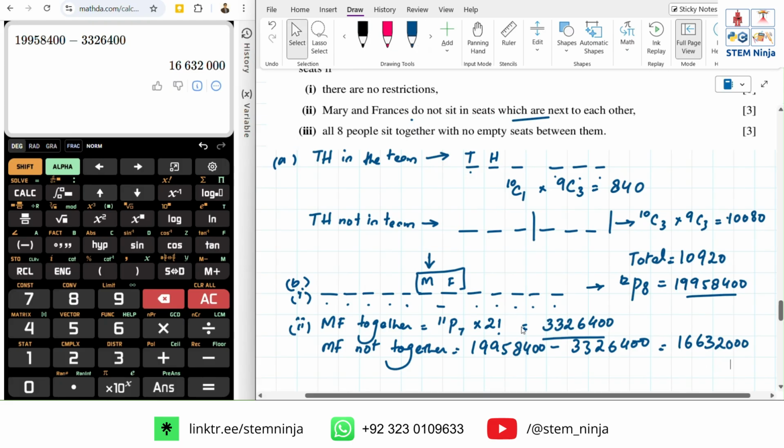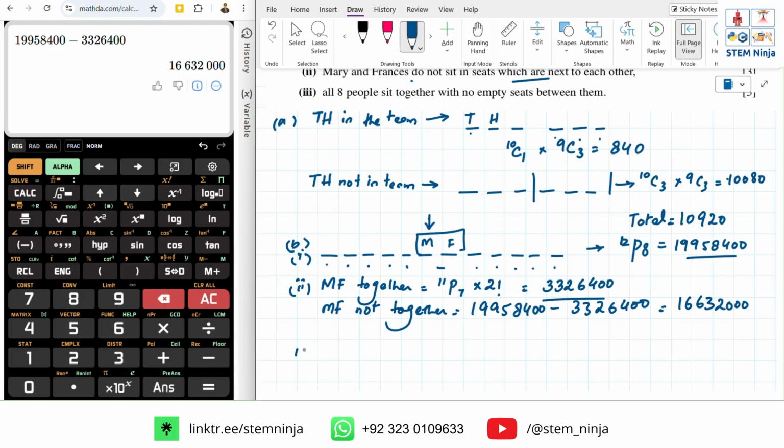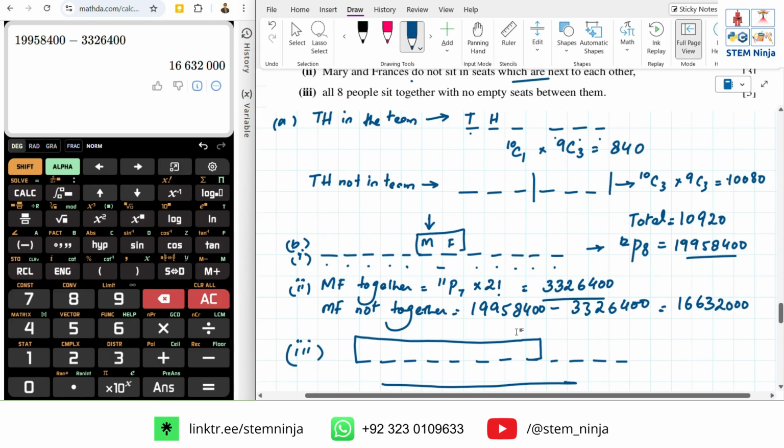Right, all 8 people sit together with no empty seats between them. Okay, so then what we will have is 1, 2, 3, 4, 5, 6, 7, 8, 9, 10, 11, 12. So for example, if the first 8 people sit right over here, then they could sit in this fashion.